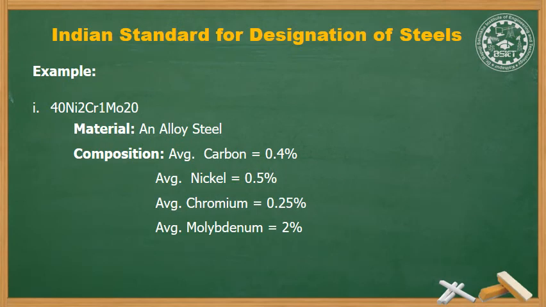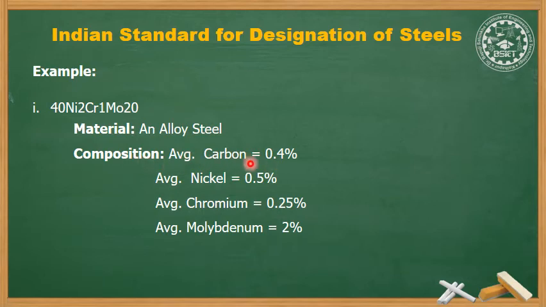Here's the example based on low and medium alloy steel. The designation is given like 40 Ni 2 Cr 1 Mo20. Such a designation belongs to low and medium alloy steel. For this, the material would be an alloy steel and the composition would be as follows.